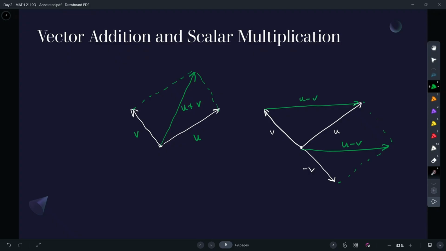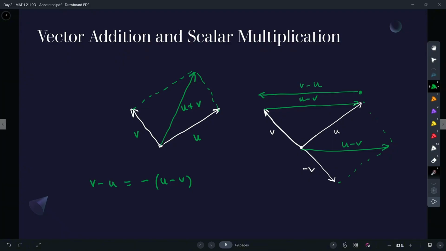So where would v minus u be? Notice that v minus u is minus u minus v, right? So it is actually just in the opposite direction. So the vector that goes from the end of u to the end of v is actually v minus u.